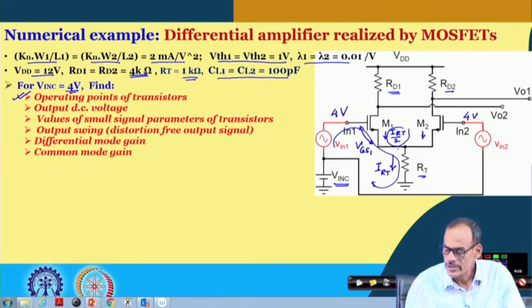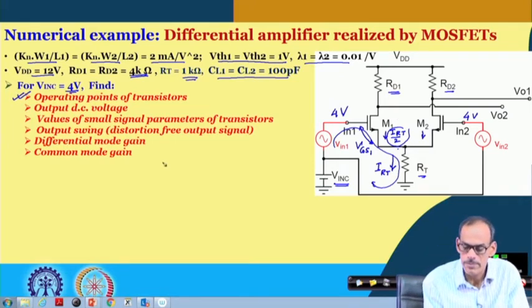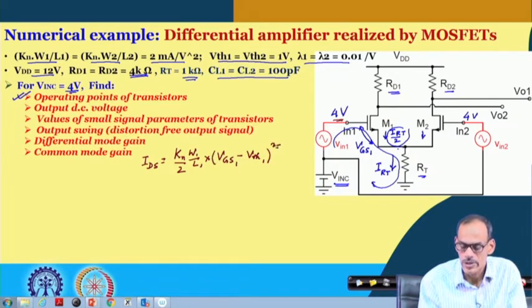And so let us try to see, for this voltage, what is the corresponding IDS. First of all, this IDS equals K W by L by 2 into (VGS minus VTH) whether it is for transistor 1 or transistor 2, they are equal, and square.